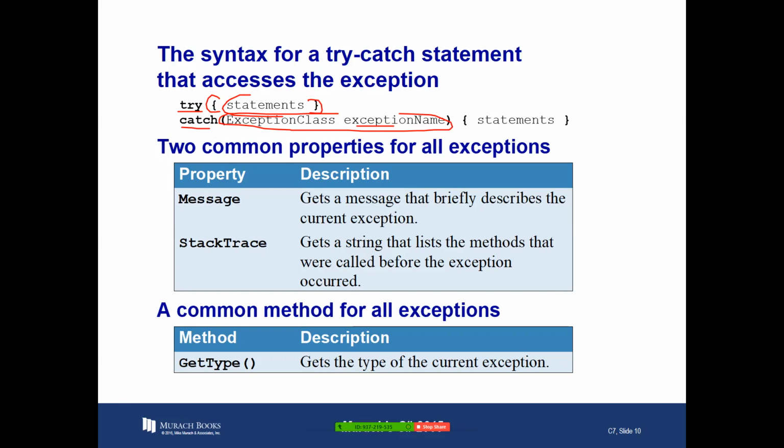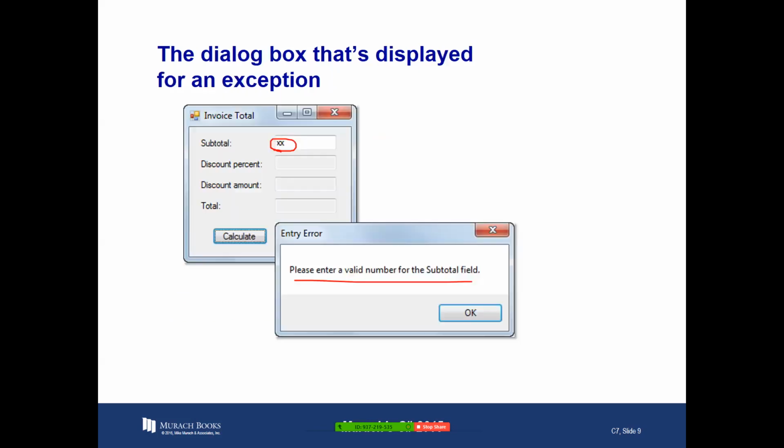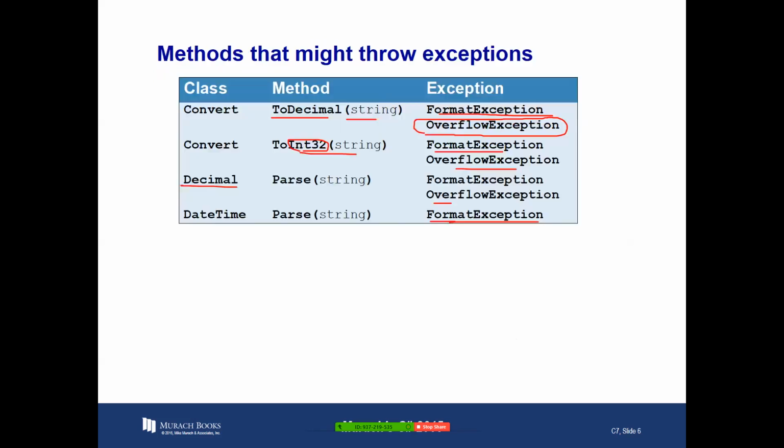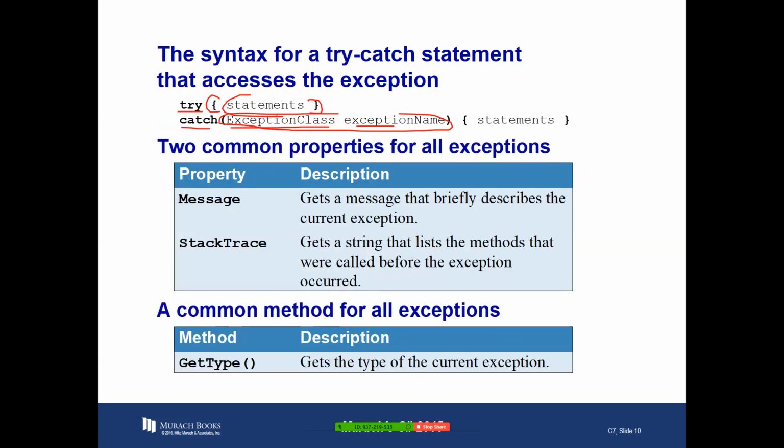Two common properties for all exceptions. So you have this exception class. The exception class is actually this or this or something, and so it's a class.